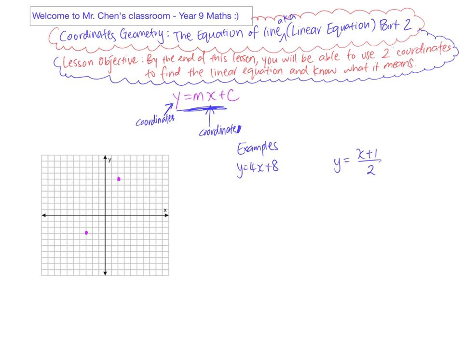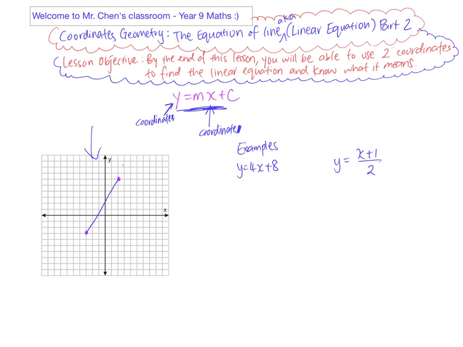So for example, if you look at the Cartesian plane here, I have a line here. If I draw a line, it's not the straightest line, but you kind of get the idea. The x and y come from one of these points.